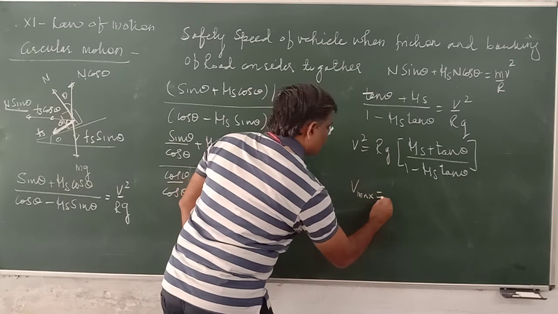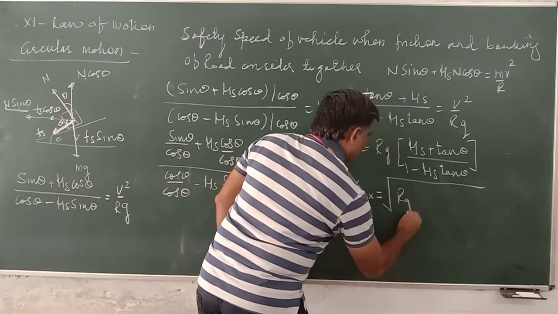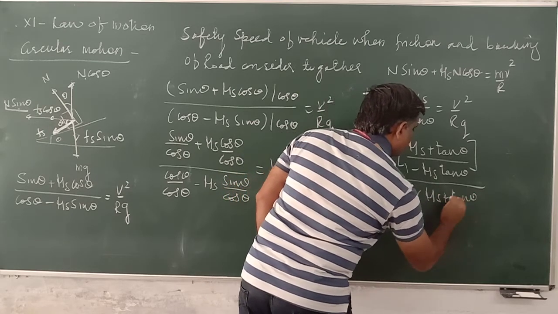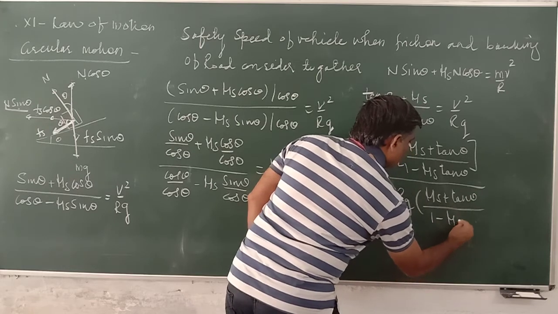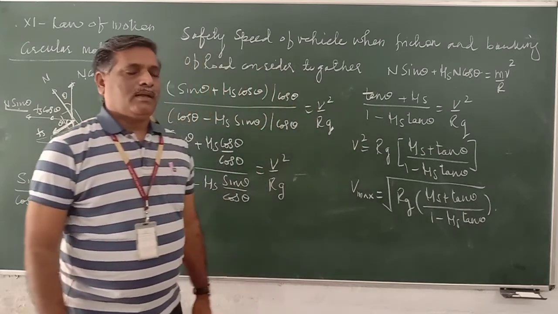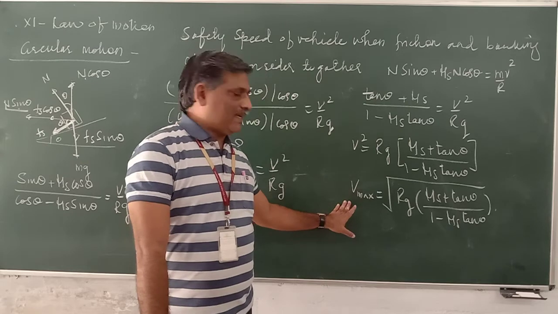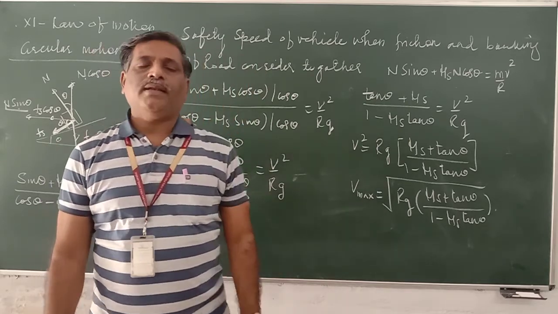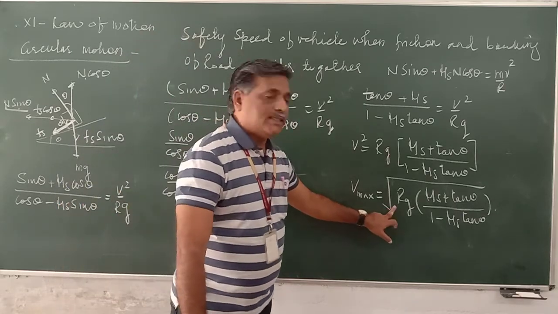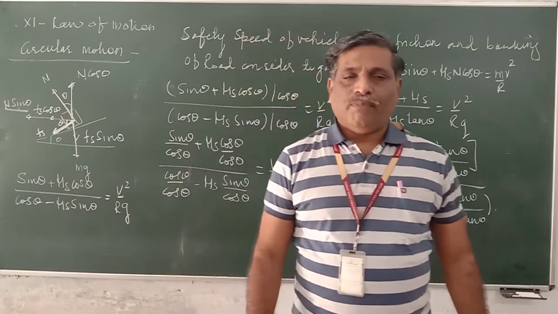V max is equal to under root rg times mu s plus tan theta divided by 1 minus mu s tan theta. This is the expression of safety speed, the maximum velocity with which the vehicle can travel across the curve. It is also independent of the mass of the vehicle.